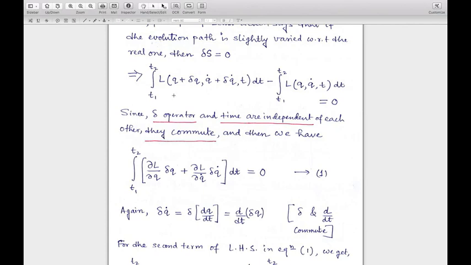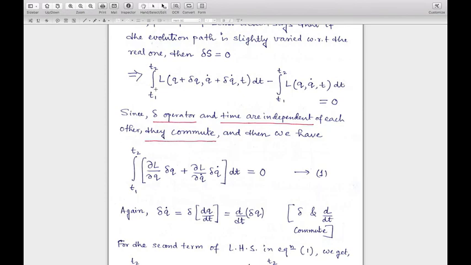And finally you can write the whole thing as L of q, q dot, t, plus del L del q delta q plus del L del q dot delta q dot, minus L of q, q dot, t.